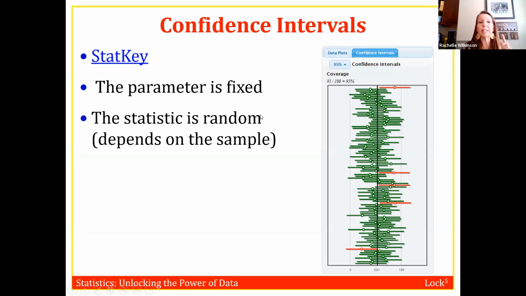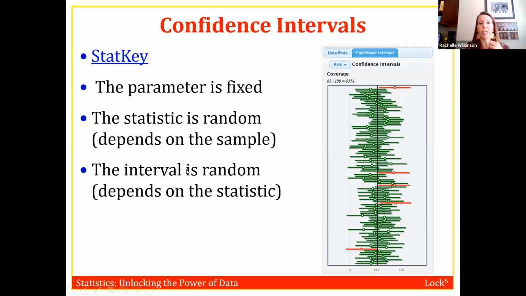All right, the statistic, when we take a sample and we compute the sample statistic, is random because it depends on the sample. And if we take another random sample, then we're going to get a different value for the statistic. So remember, the statistic is calculated just from our sample data. So statistics are random, they depend on the sample.